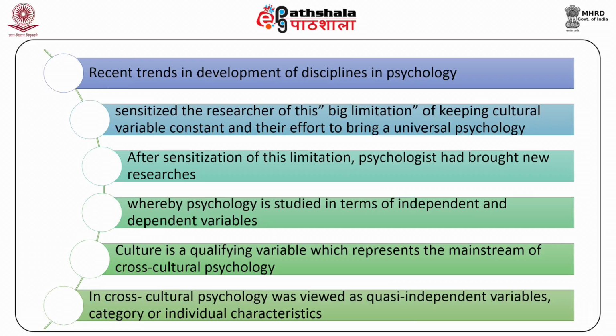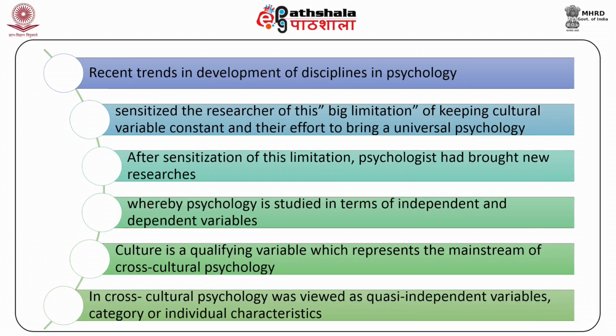This mode of thinking prompted ethnocentrism, that is, differential evaluation of different groups. However, recent trends in the development of disciplines in psychology sensitized researchers to this big limitation of keeping the cultural variable constant, and to the effort to bring a universal psychology.